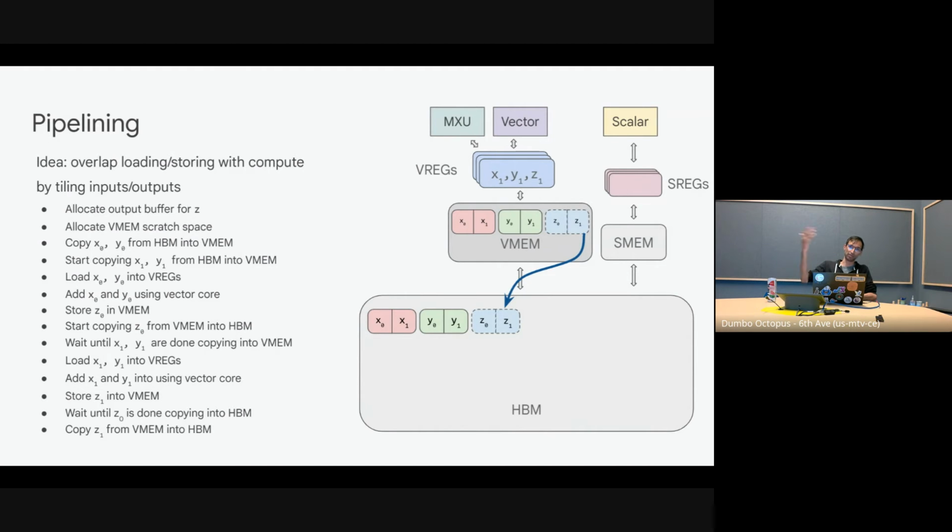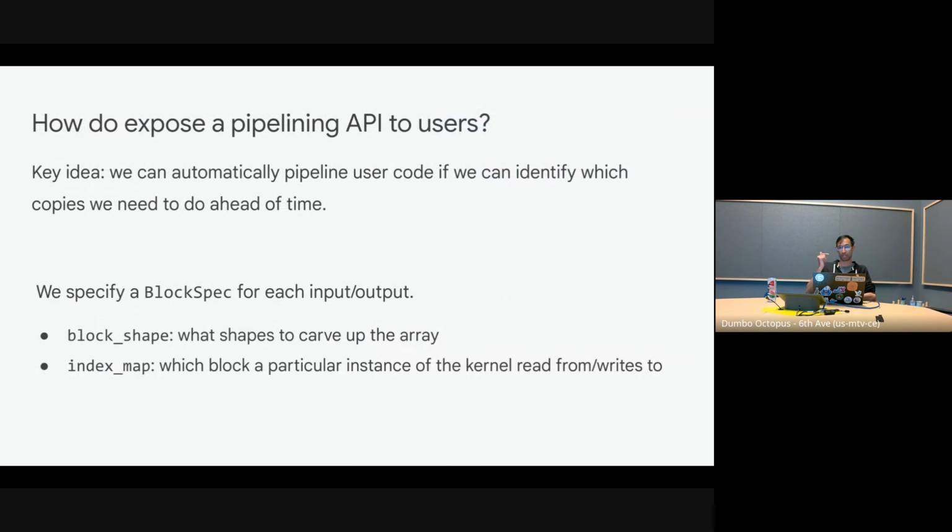So we need some way of telling the pipeline what should I be copying on this current iteration? Essentially, what is the block that I'm going to be using in the next iteration? And that's what this index map function tells you. It basically says, for each iteration, what is the block needed for that? And with that function, you can predict the future. You can pass in the next iteration and figure out what blocks are needed for that, and the pipeline can start prefetching them.